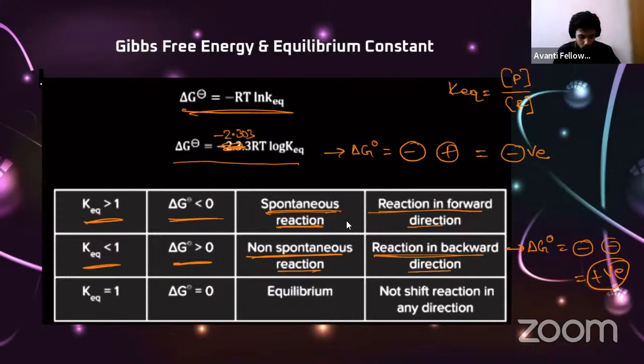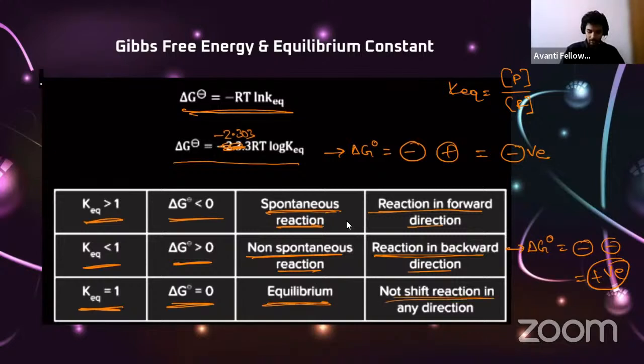Simple, right? Now, if K equilibrium is equal to 1, that is, product concentration as well as reactant concentration are equal. Exactly 50%, 50% is there. Then log 1 is 0, right? So that's why delta G naught is also equal to 0. So equilibrium is there, and we cannot say whether the reaction is spontaneous or non-spontaneous.